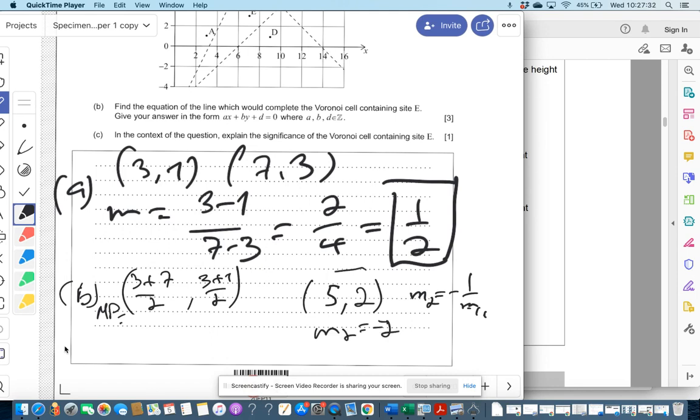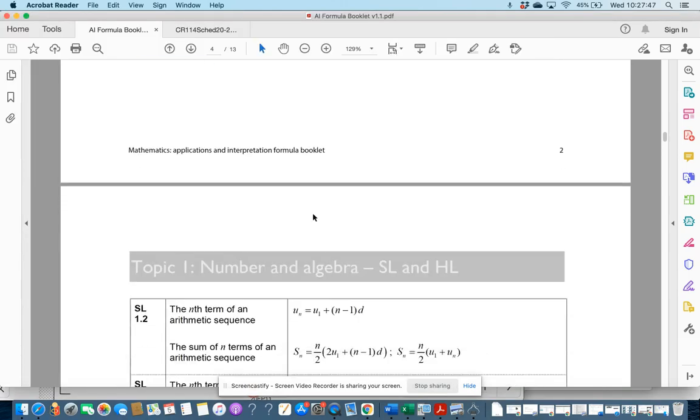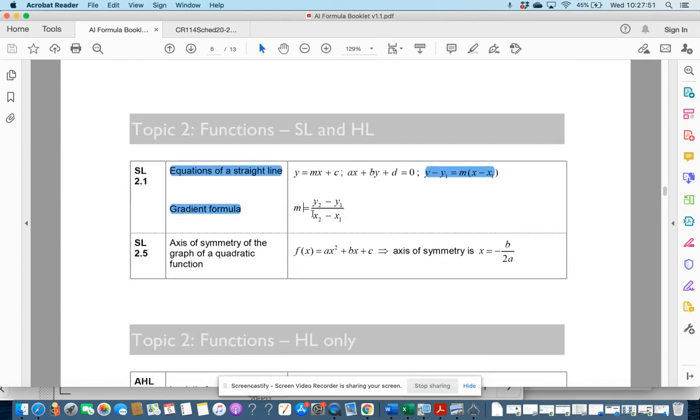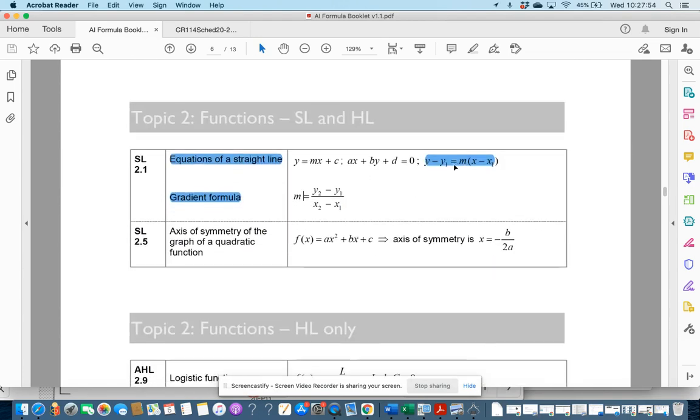Okay, so these are the information that we're going to use for our line that's bisecting the points A and E. Back to the formula booklet. My preferred method for doing this is to use the point gradient form. I like this formula, and then we can rearrange it into the required formula.